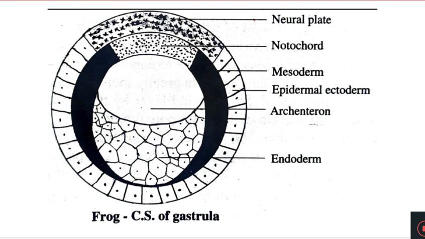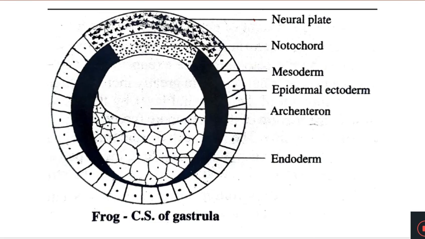This is the dorsal side of the embryo, where you can see the outer layer is formed by the ectoderm. The majority of the ectoderm is constituted by the epidermal ectoderm, and a small area on the mid-dorsal line is occupied by the neural ectoderm. Now the inner layer.